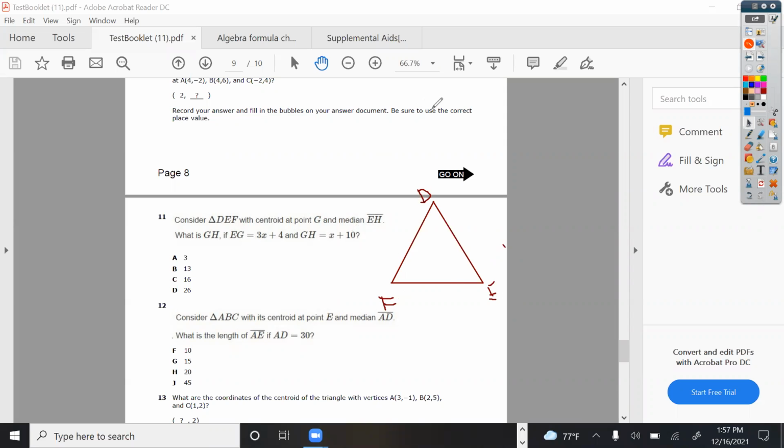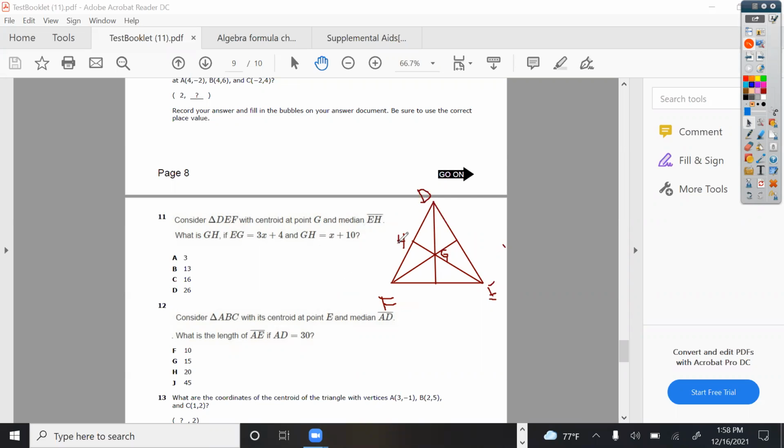And a centroid. So remember, we find the midpoint and we connect it to the corresponding vertex. It does not have to be perpendicular, just the midpoint. Okay. The centroid is G. And then it says that we want to know EH. So this is H right here.